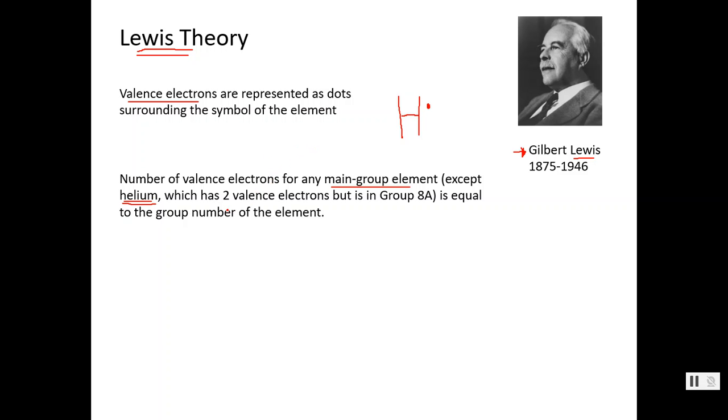So aside from helium, you can use the group number that's associated with an element from the periodic table to determine the number of valence electrons in that element. For example, and we're going to do many examples, let's say I wanted to write the Lewis dot structure for oxygen.